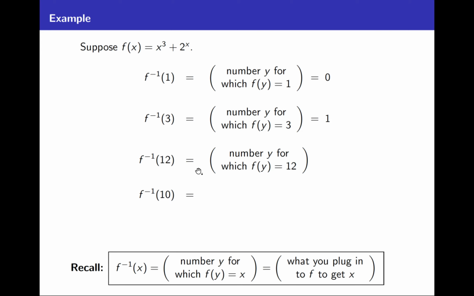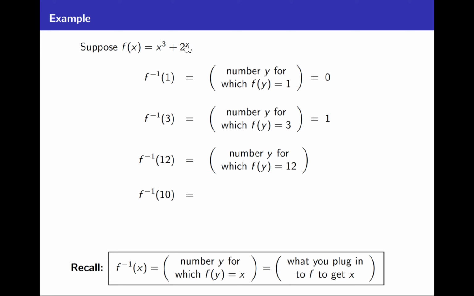f inverse of 12 is the number y for which f of y equals 12, and let's do some reverse engineering up here. What are we going to do? Let's see. Well, we just tried plugging in 1. Let's try 2. f of 2 would be 2 cubed, which is 8, plus 2 to the 2.